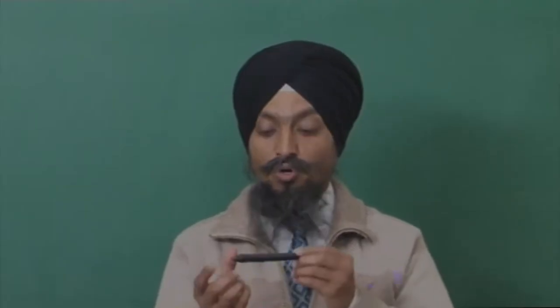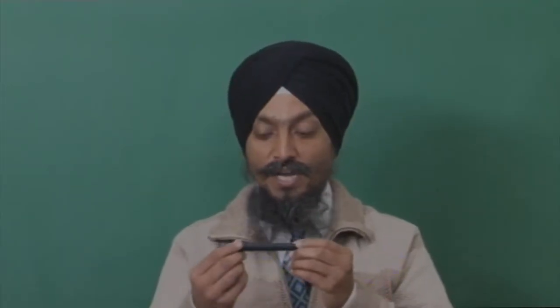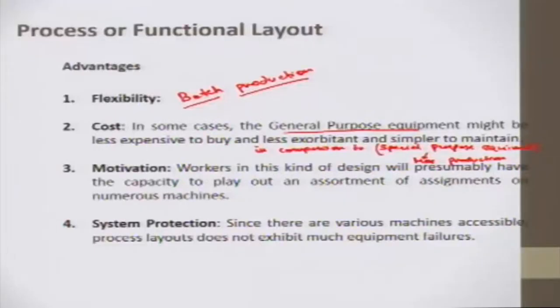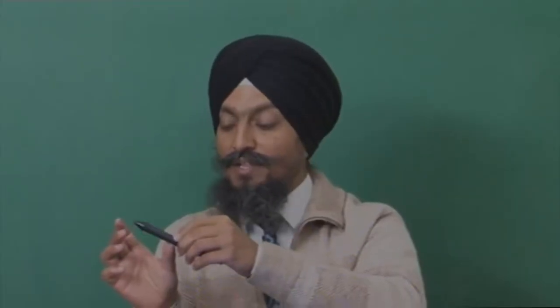And a special purpose machine is known as the bolt maker. It will just take the round rod as its input. It will first form the rod into a hexagonal shape after passing it through certain passes, and after that it will cut that rod. So this rod is now transformed into a hexagonal bar. Now this bar would be cut according to the size of the bolt required. Then the machining would be carried out, turning would be carried out, and after turning the threading would be carried out. The mechanical people would more appreciate this process. So these are known as special purpose equipment.